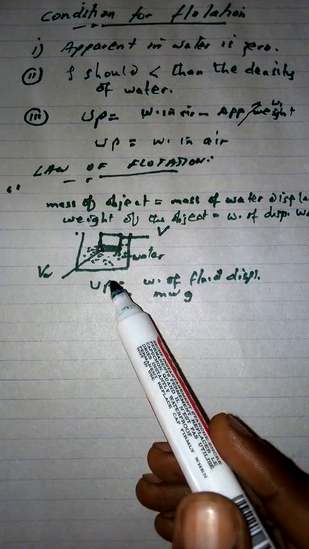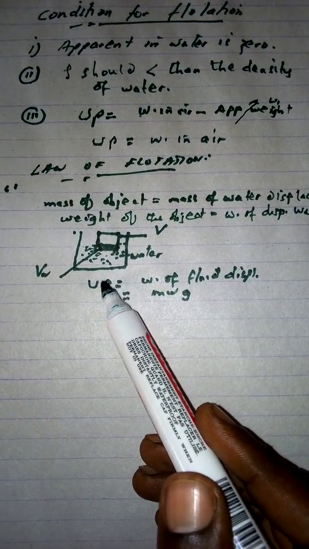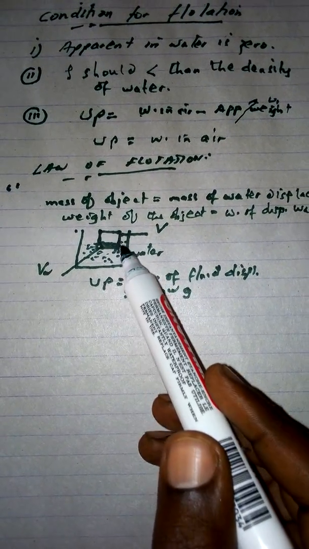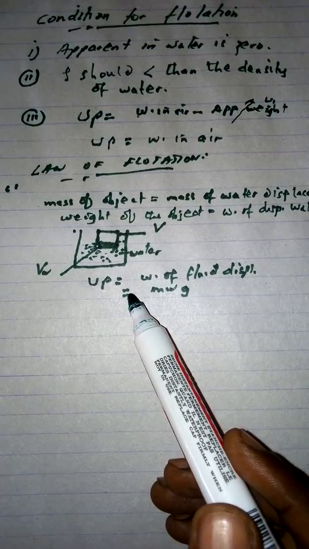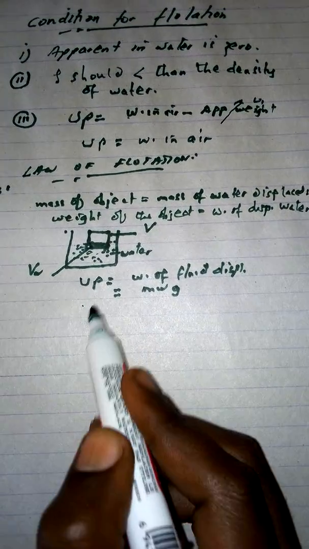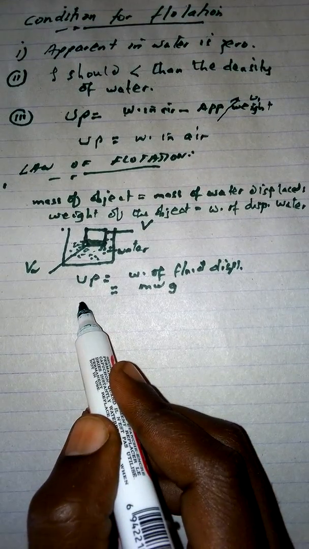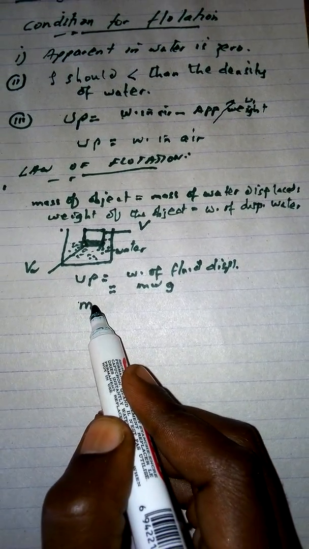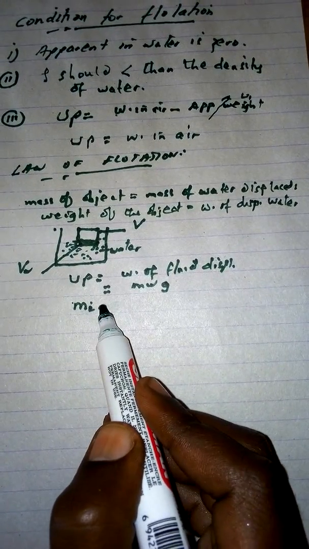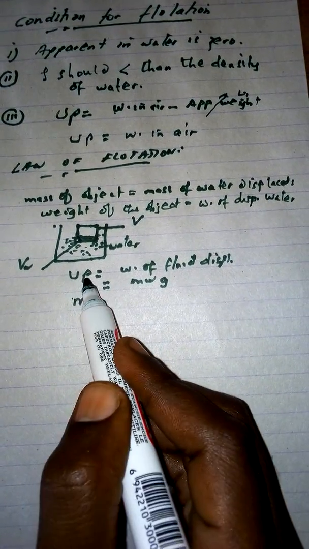What can we do? Because this upthrust will be equal to the force of this object, because upthrust is the force. So this can be obtained by taking the mass of ice times the gravitational force. This is the upthrust, which is the force.